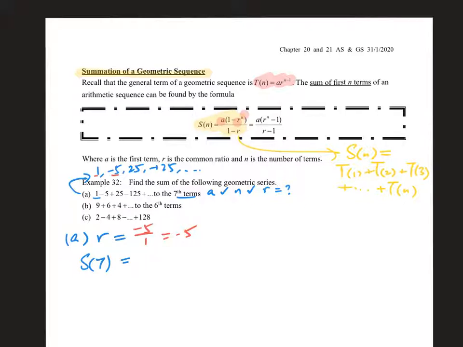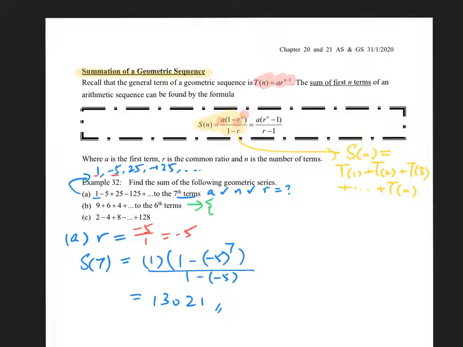The first term is a, so it's 1 times (1 minus (-5) to the power 7) divided by 1 minus -5. Don't be silly and work it out by hand, use a calculator to get it directly, which is 13021, and that's all.